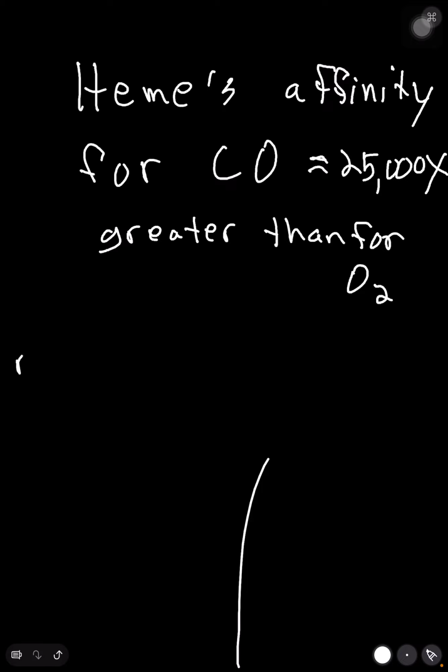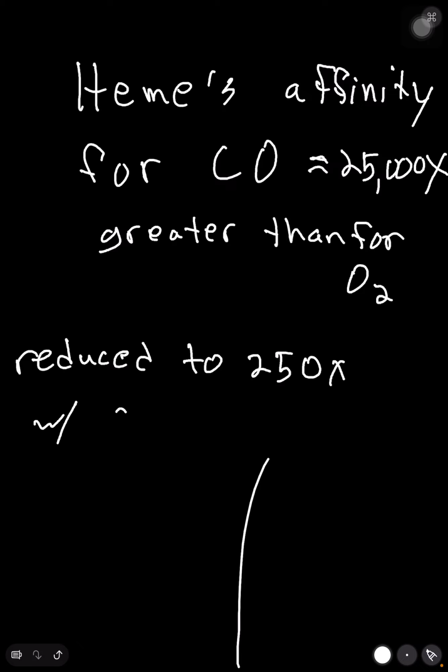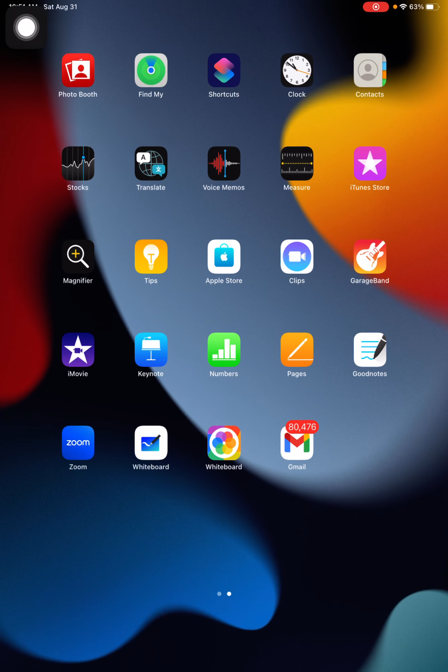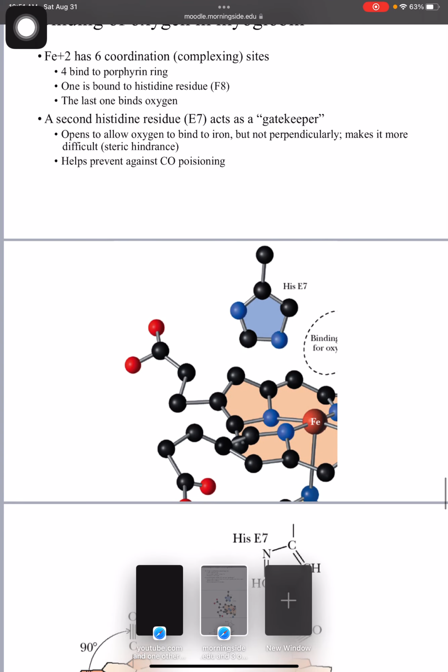This affinity, with the presence of the gatekeeper, is reduced down from 25,000 times to 250 times. Otherwise, we'd have some real problems. Okay? So it's a really neat little function there of the folding that allows myoglobin to more efficiently bind oxygen without binding carbon monoxide.